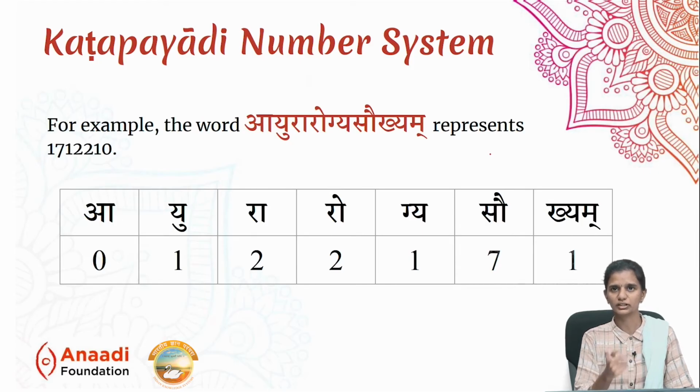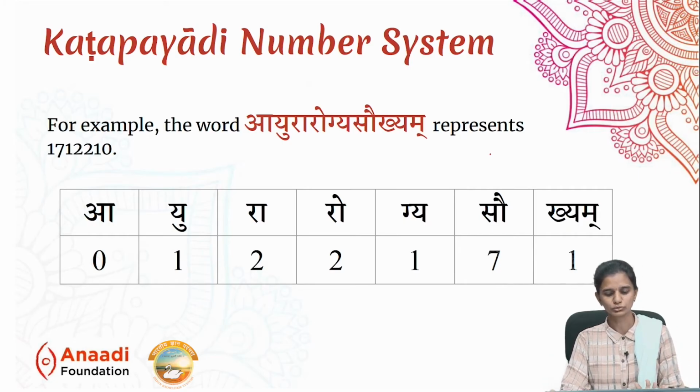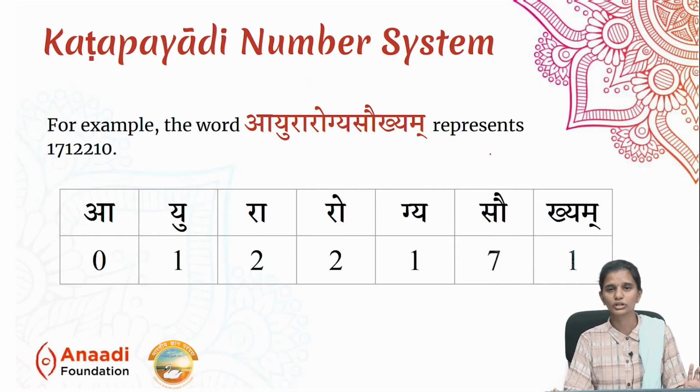Then, after Ya, it's Ra, right? So, the value will be 2. Ro will also have the value 2. Gya, it is made of 2 letters here. If we see, it has Ig plus Ya. Ig does not combine with any vowel, so we are going to ignore it. So, we give value only for the letter Ya. Then we have Sau.